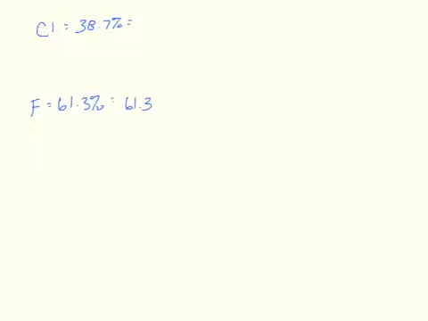Should be masters at this now. Alright, which is going to give you 35 grams per mole. That's the molar mass of chlorine, and the molar mass of fluorine is going to be 19 grams per mole. Cancel out those pesky grams, so we're into our moles.